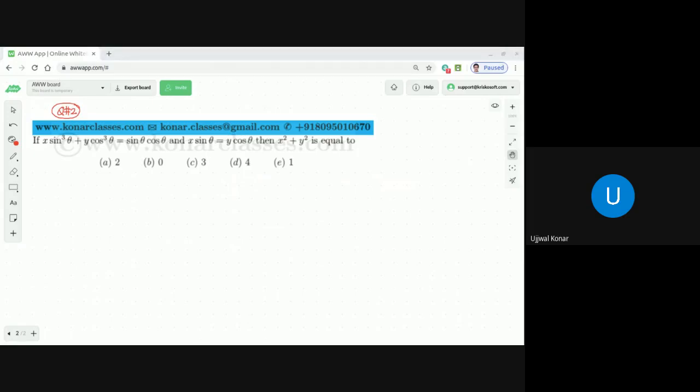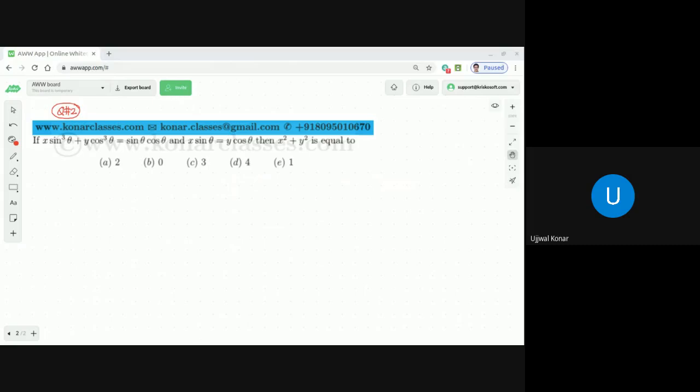So how are you approaching, dear students? I'm trying to make all of them into one. The sin theta first. Yeah, that you can do.